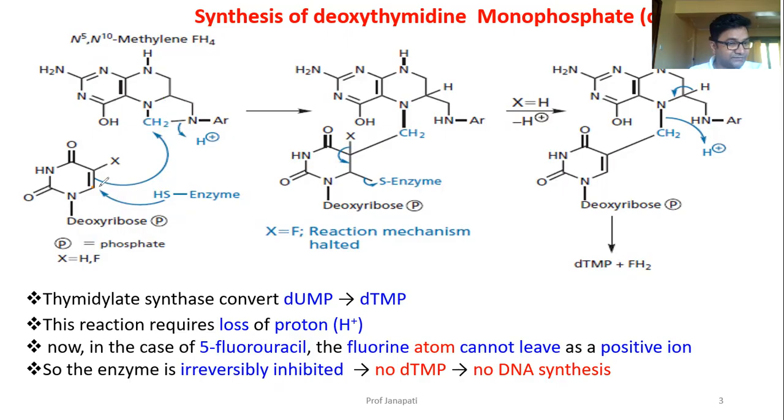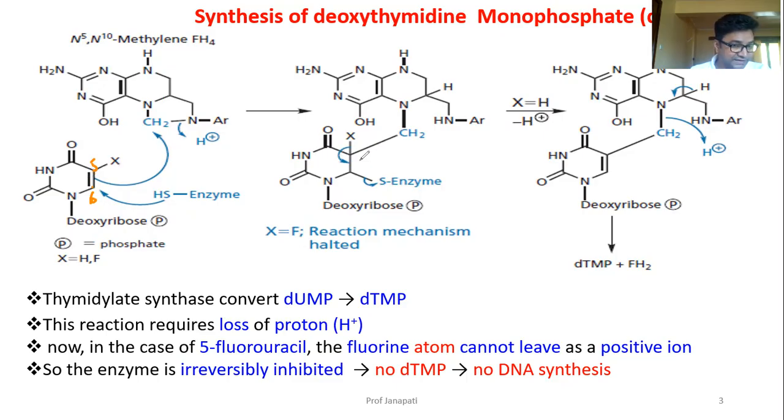Now, when it binds, what happens? The pi bond, which is between the 6th and 5th carbon, will shift between this carbon and this methylene carbon. There is a pi bond. Now, the pi bond is converted to a sigma bond.